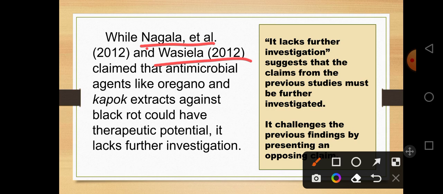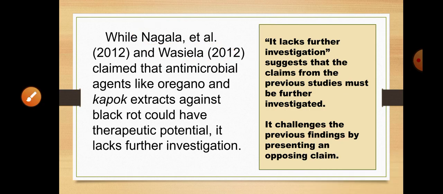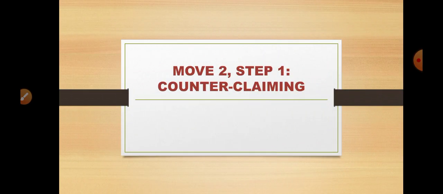How did the researcher challenge the findings of the previous studies? The researcher challenged the previous findings by presenting an opposing claim, which is known as counterclaiming. This is the first step in writing Move 2 of the research introduction.